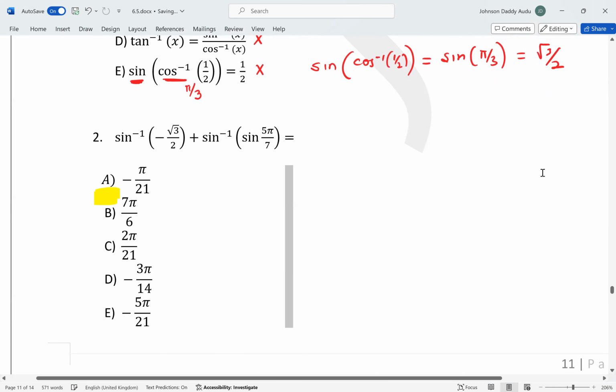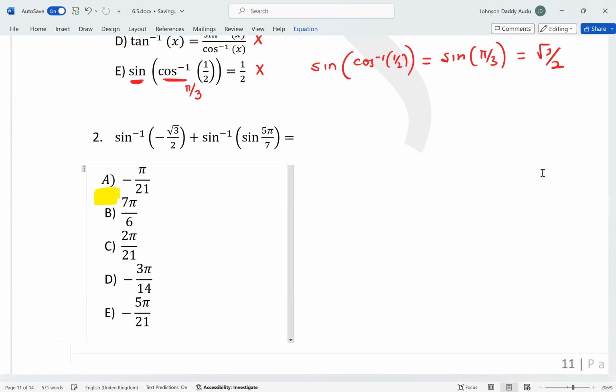All right, now if you look at this one also, we can do it quickly. Remember, sine inverse is odd. So let me write it here.